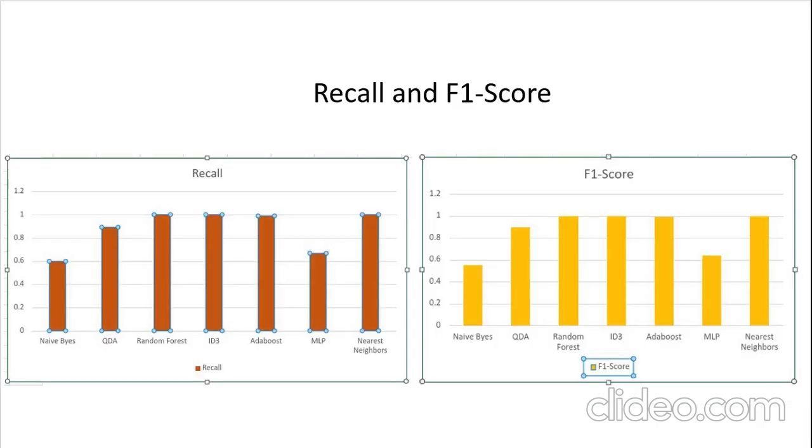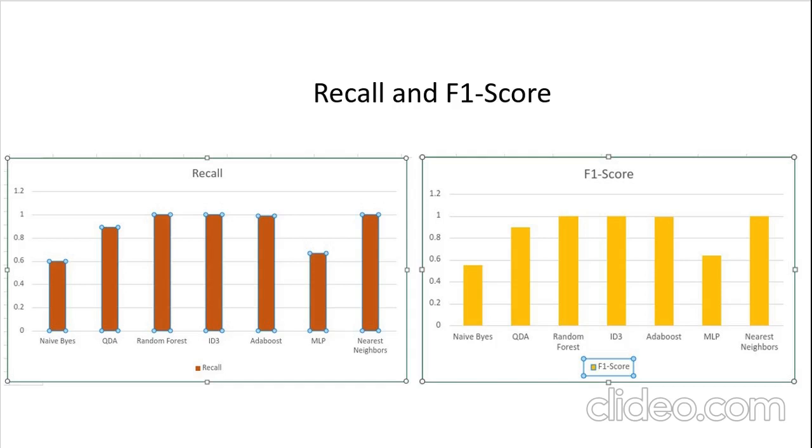In the next slide, we can see the bar plot, and we are focusing on two crucial metrics for evaluating the performance of ML models in detecting port scan attack: recall and F1 score. Here again, random forest, ID3 and nearest neighbor demonstrate exceptional performance with perfect scores in both recall and F1 score.